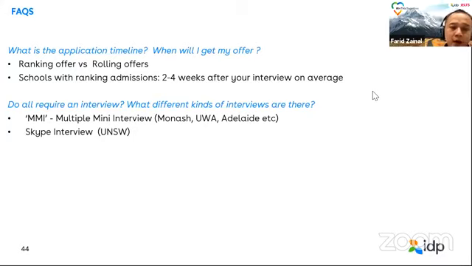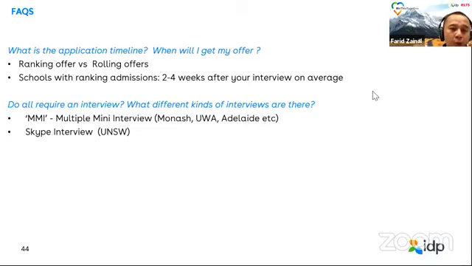This ties into your ranking and rolling offers. Ranking offers simply means that for all candidates, the application deadline is relatively early, at the middle of the year, whereby all the candidates' ISET scores or external admission test scores, entry scores and interview scores are tabulated and ranked accordingly.